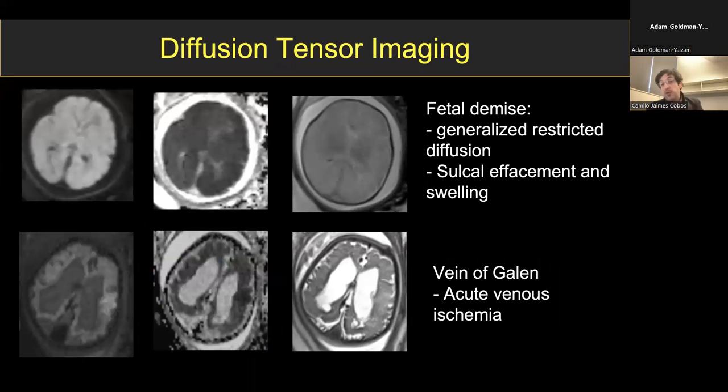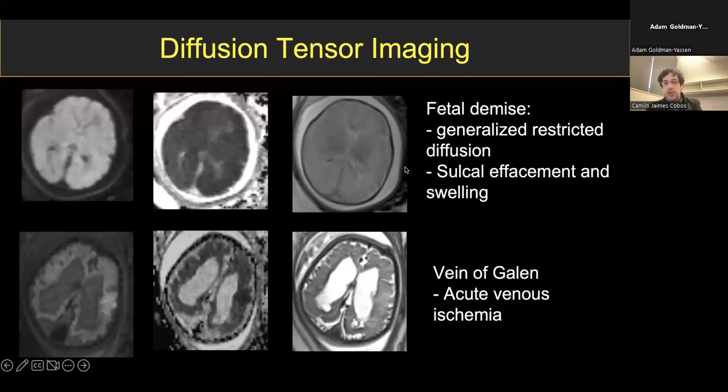I wanted to show you that it actually does help to pick up injuries. These are actually two cases. The first one is a fetal demise. By the time you look at this, all the features of the fetal demise were there, but you can see that there's decreased diffusivity throughout the entire brain.